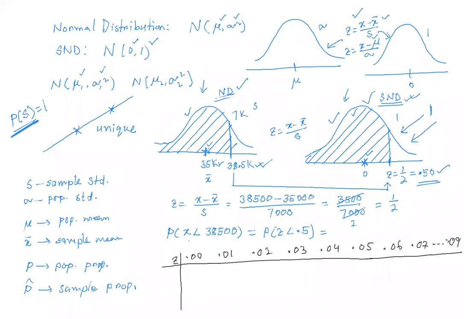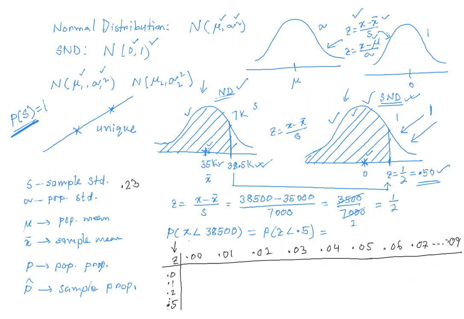So if you look at page number 6 on the table, you'll see the positive z-scores, by the way. And then under the z column, you will see 0.0, 0.1, 0.2, all the way, it keeps going down to 3.5. So, okay, we are interested in 0.5. But now let's say we want to find 0.23.